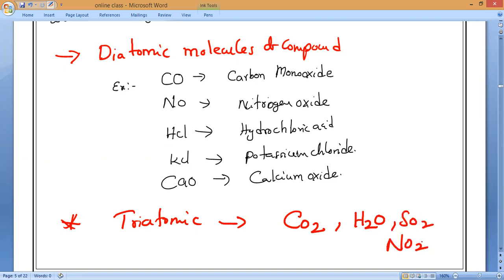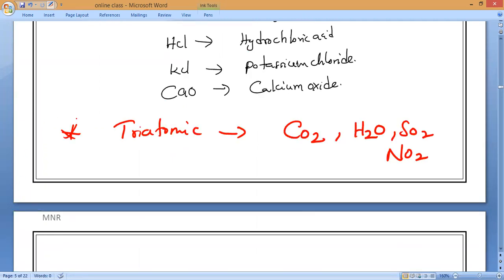Nitrogen dioxide. These are all examples of triatomic. Count the total number of atoms. Triatomic means total number of atoms is three. Carbon 1 plus oxygen 2 equals 3. Hydrogen 2 plus oxygen 1, 3. So that is why it is triatomic.